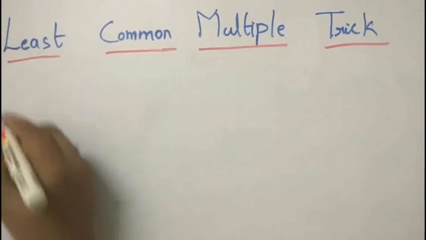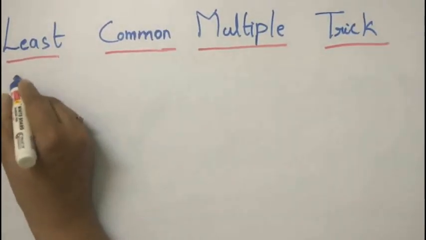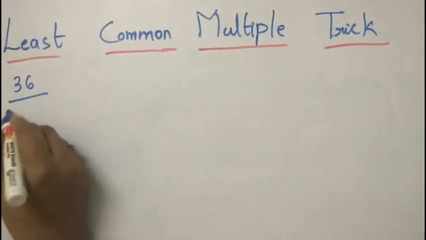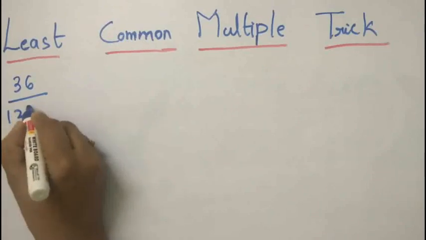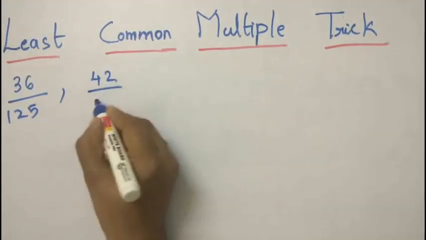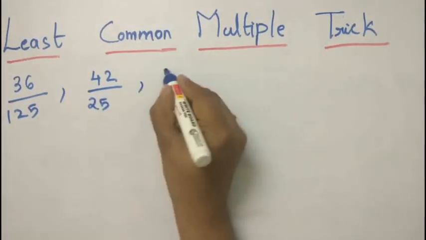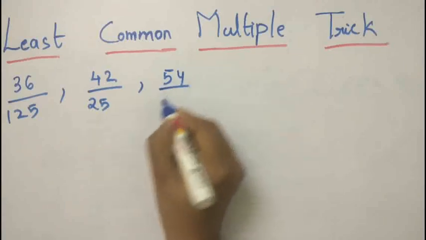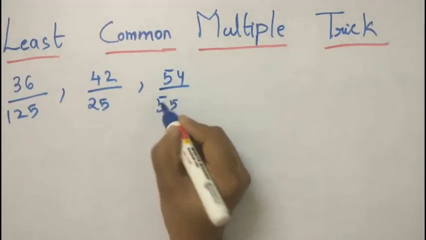Suppose you have to find the LCM of 36 by 125, 42 by 25, 54 by 55.